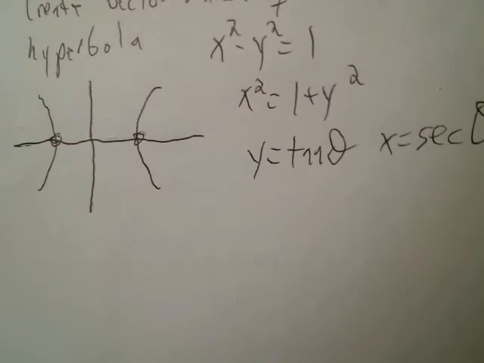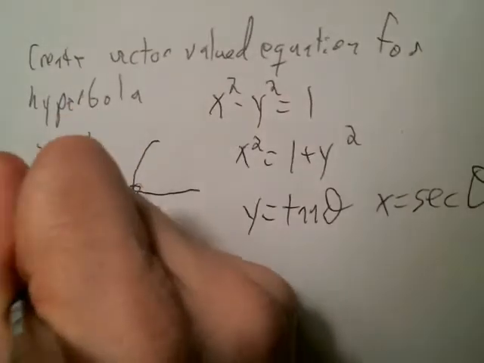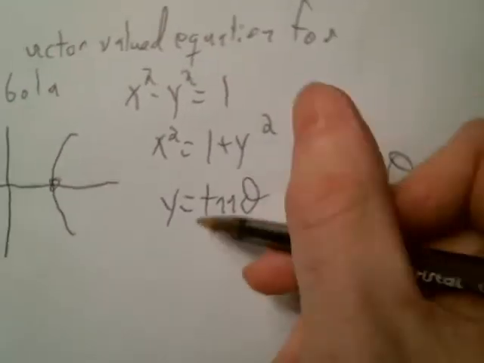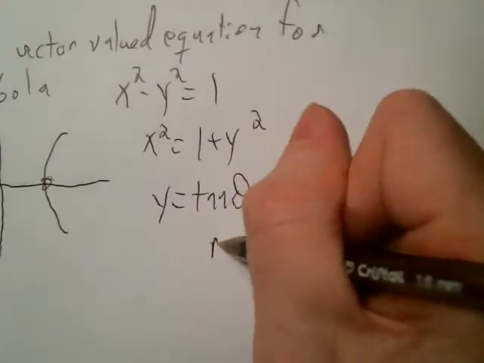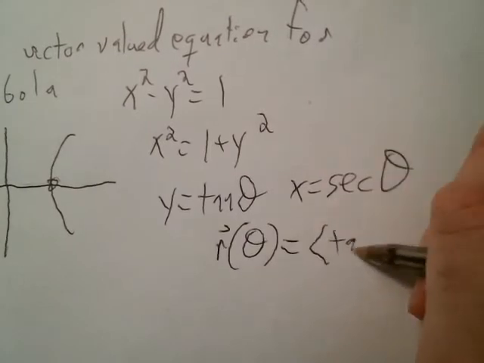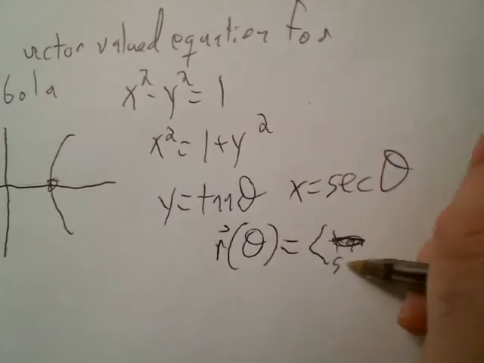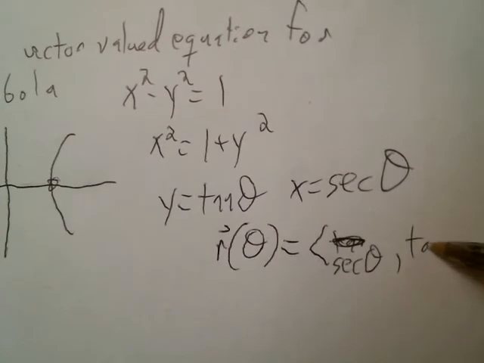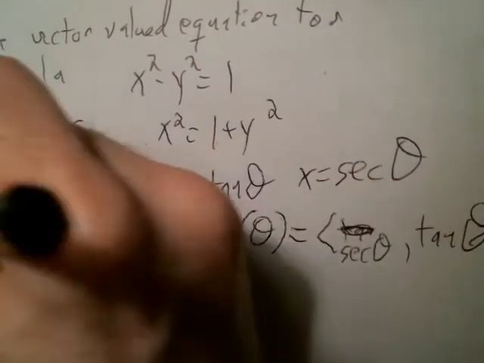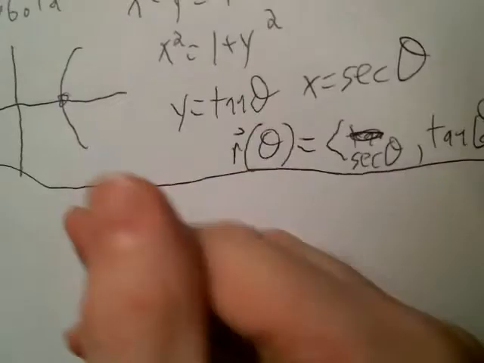Okay, let's dive back into where I am in my notes here in chapter 15. So this is now section 2, and what we're doing is going after, so to make this into a vector valued function, right, you would just write r of theta equals secant theta, comma tan of theta. And furthermore, just one more example, and then I swear I'll get into the notes.